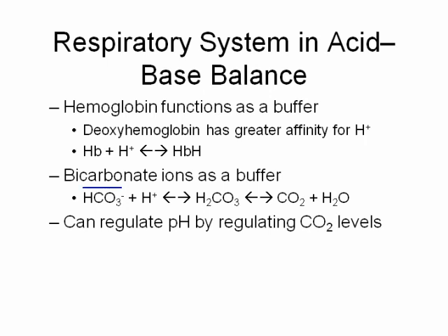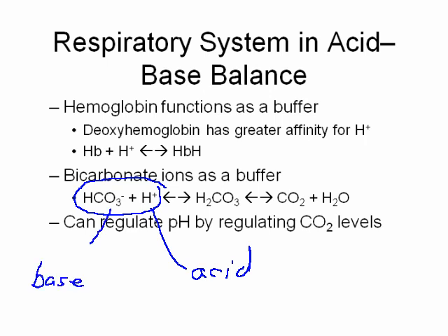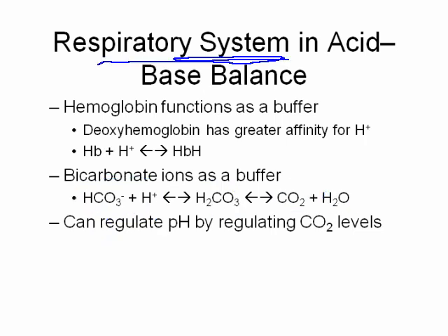Bicarbonate ions also can act as a buffer, because here we have our hydrogen ions that we're referring to in terms of the blood acidity, and hydrogen ions will bind to bicarbonate. In this case, hydrogen is an acid, bicarbonate's acting as a base. An acid and a base together will form an acidic substance, in this case carbonic acid, which will dissociate into CO2 and water. Now, this is the really important thing in terms of respiratory system and acid-base balance.